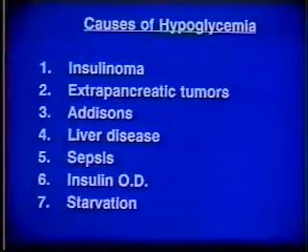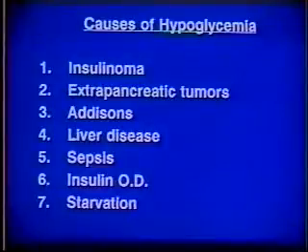The causes of hypoglycemia in our veterinary patients are several, and I will list these. Insulinoma, extrapancreatic tumors such as large fibrosarcomas or liposarcomas or rhabdomyosarcomas, the latter of which might produce insulin-like factors that can cause the hypoglycemia in these extrapancreatic tumors.